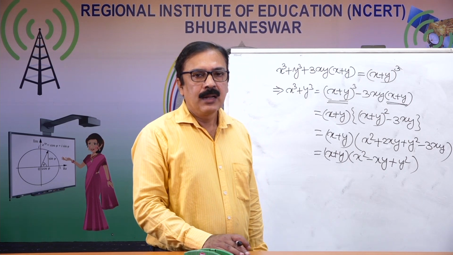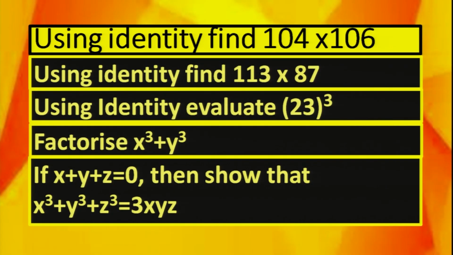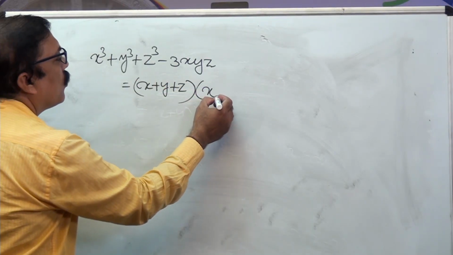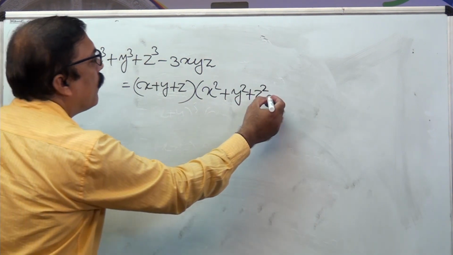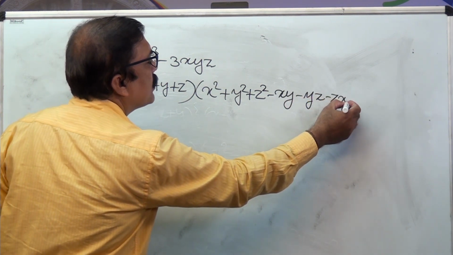Now another question using the identity of x cube plus y cube plus z cube minus 3xyz. What is that? We know that x cube plus y cube plus z cube minus 3xyz is equal to x plus y plus z into x square plus y square plus z square minus xy minus yz minus zx.